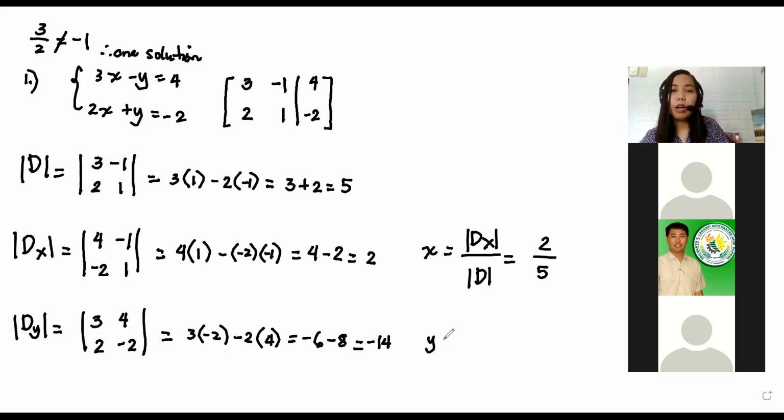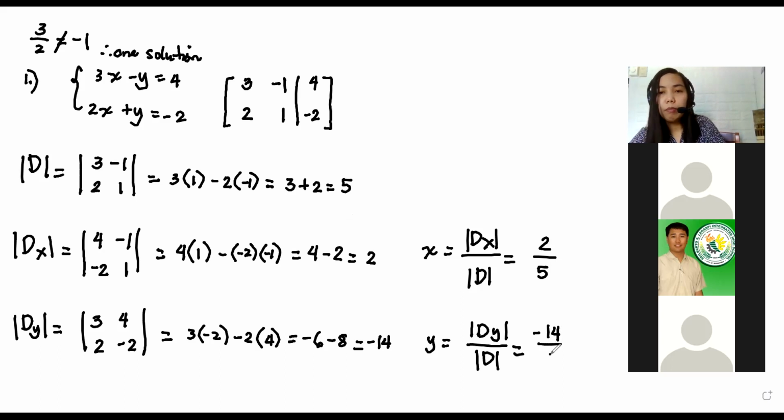To find the value of y, it's the determinant of Dy over the determinant of D. So Dy is -14 over your D, which is 5.